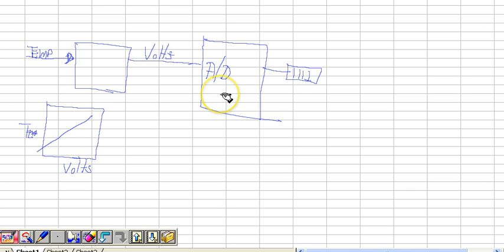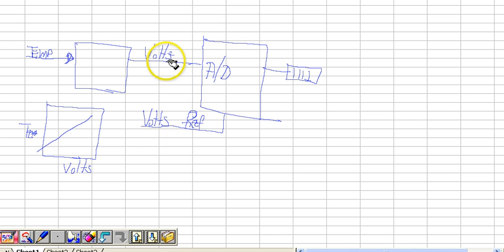And an A to D has one additional port, and it's called the reference port. And it's normally a voltage.